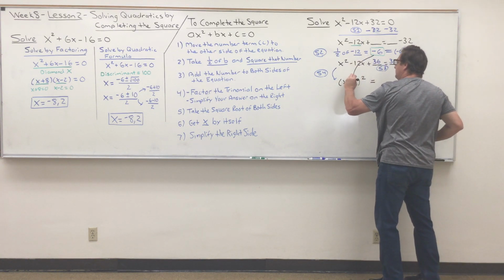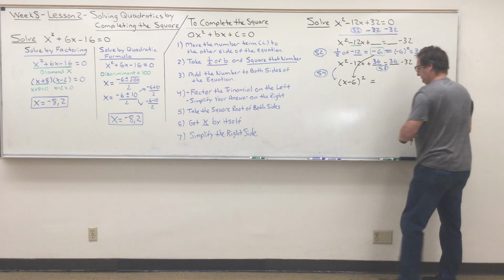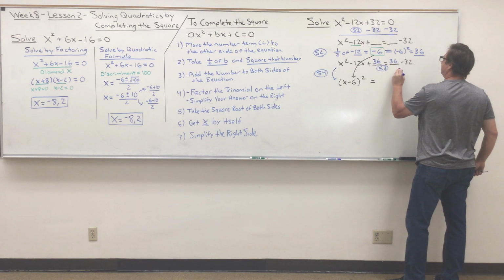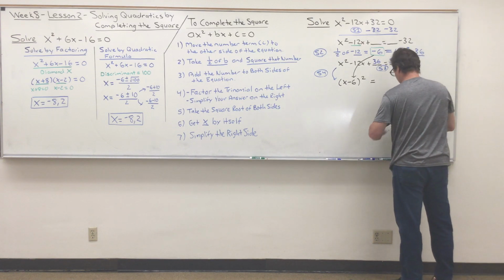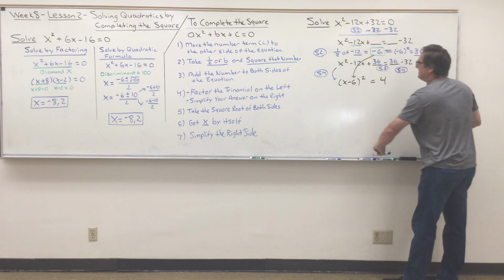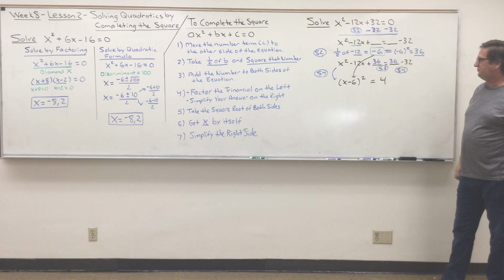So, once again, there is step 4 here. And step 4 is to simplify the right-hand side. 36 minus 32 is 4.